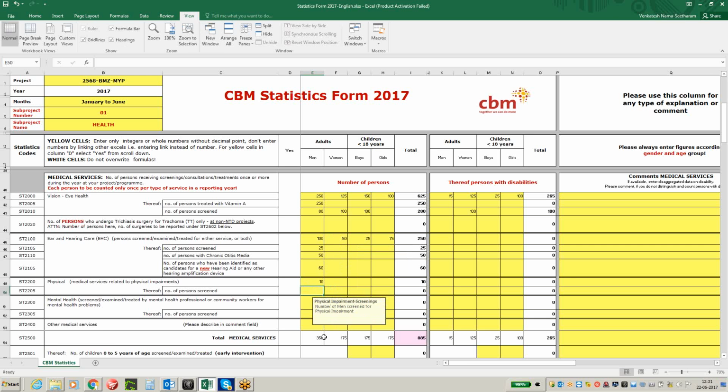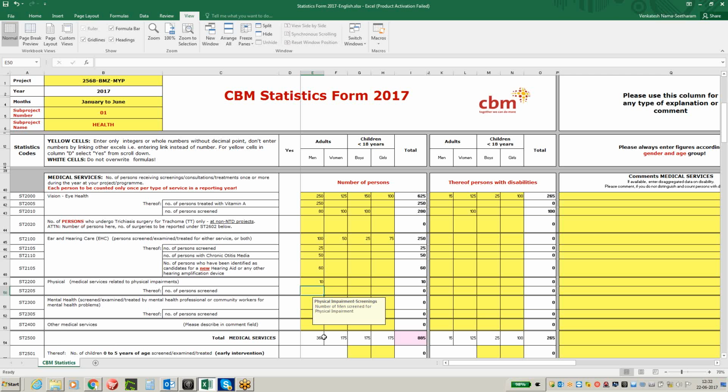So in fact, there would be a kind of double counting in a way. But usually an eye clinic would be one project of its own, with one log frame and one project number. Ideally, the orthopedic clinic would have its own project number and would also be a project of its own, so you wouldn't have this kind of doubling in one project.